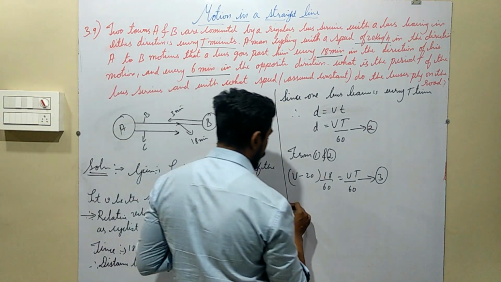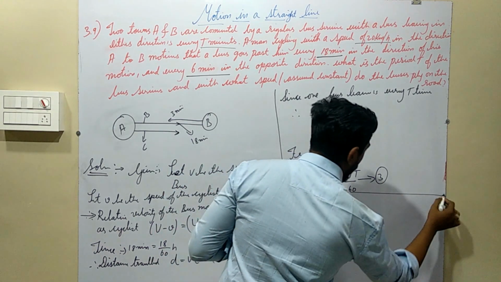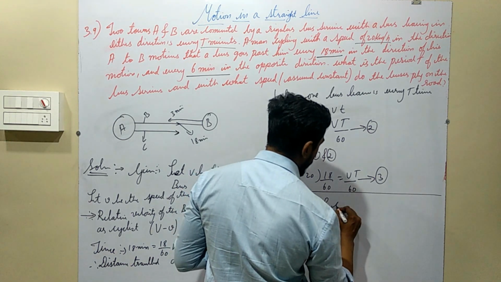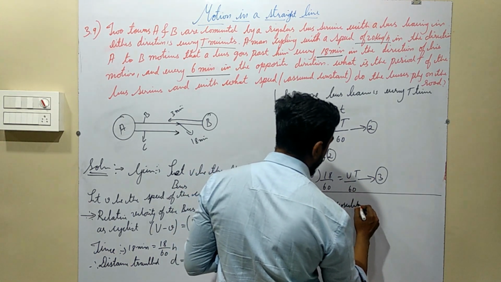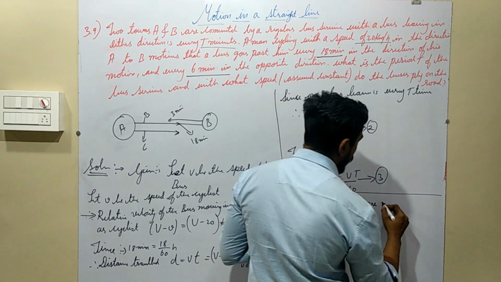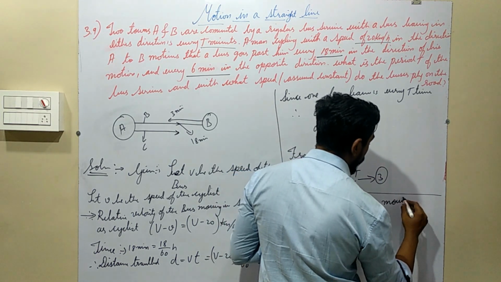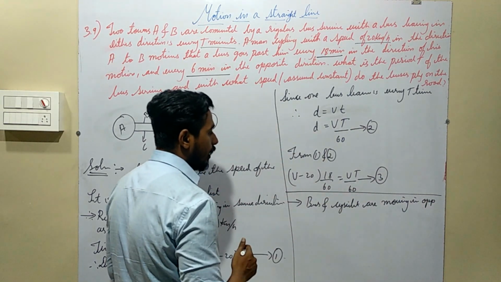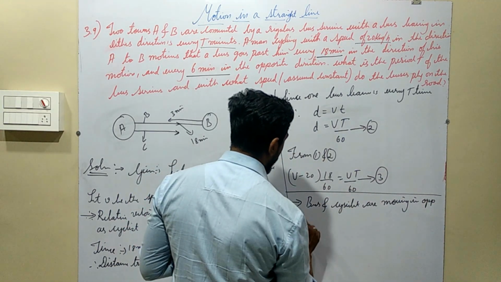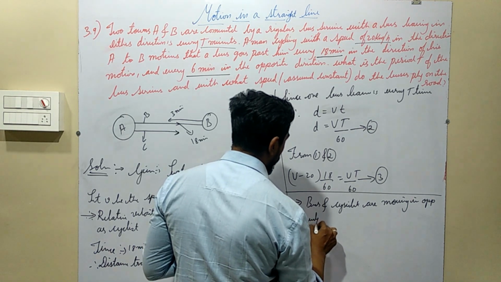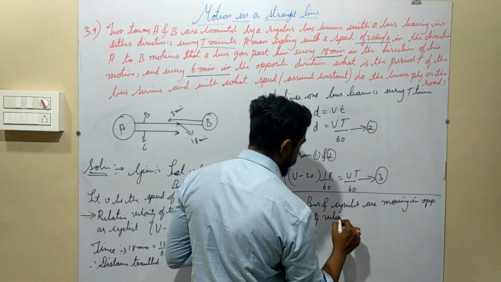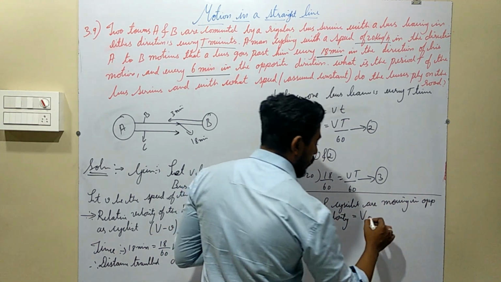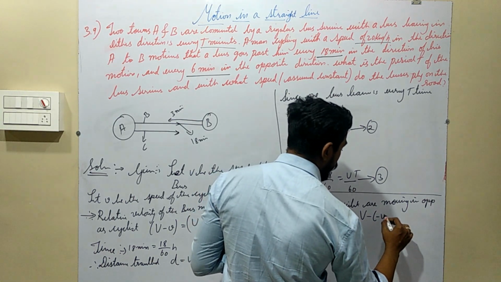Now in the second case, when the bus and cyclist are moving in opposite direction. In this case, relative velocity will be capital V minus of minus small v.